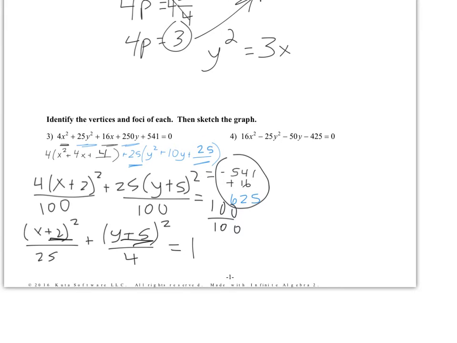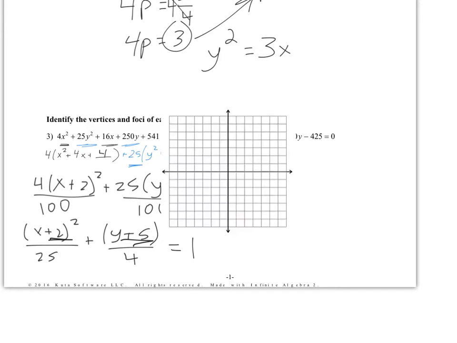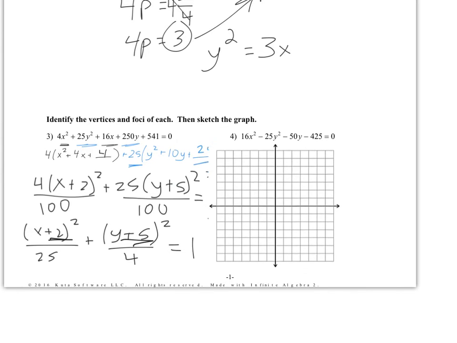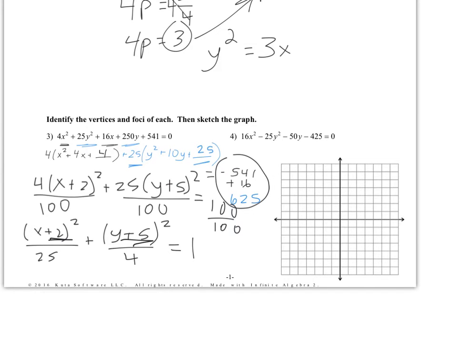So let's add a graph here. If we go 2 units to the left and 5 units down, that puts a point right there.